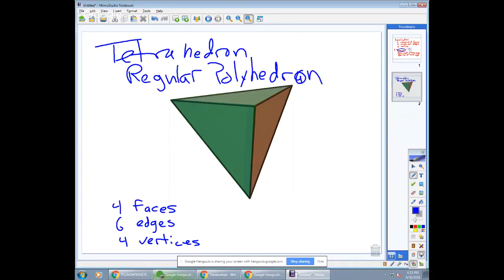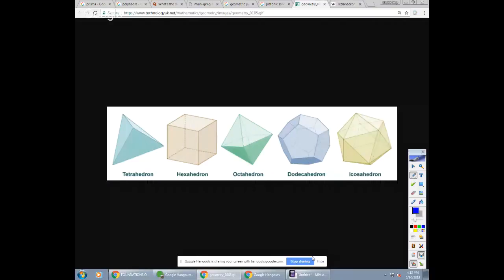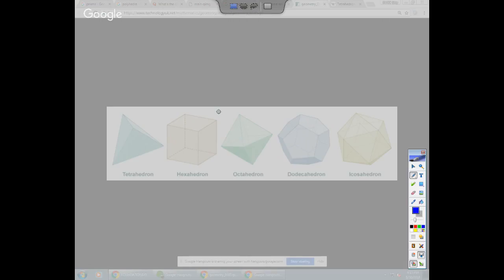All right, let's try another one. How about the octahedron? Sure, why not? We do have an octahedron floating about here. You could take a look and then pass it along. I'm going to go grab a screenshot.